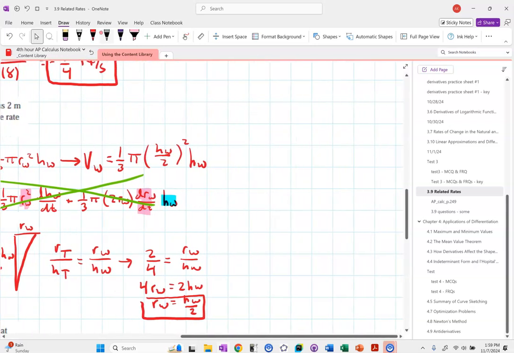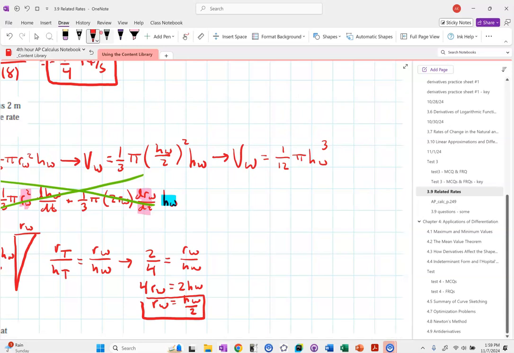All right, so let's clean this up a little bit so it's a little easier to take our derivative now. Is everybody okay? So I'm going to get 1/12 pi HW cubed. Does everyone see where the 12 came from? One over 2 squared is 4, times 3.